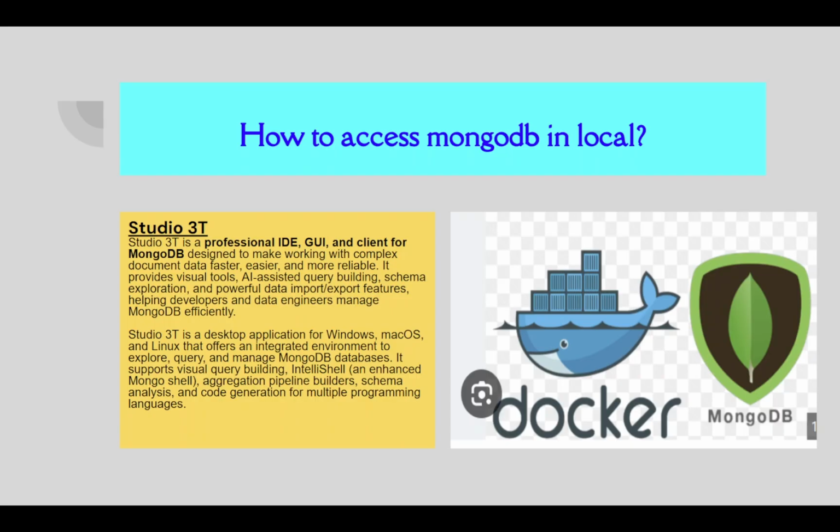So let's define what Studio 3T is. Studio 3T is a professional IDE, GUI, and client for MongoDB designed to make working with complex document data faster, easier, and more reliable.